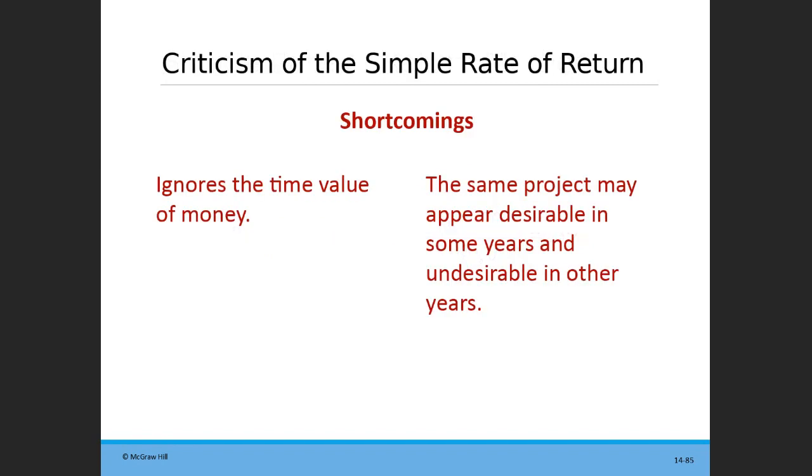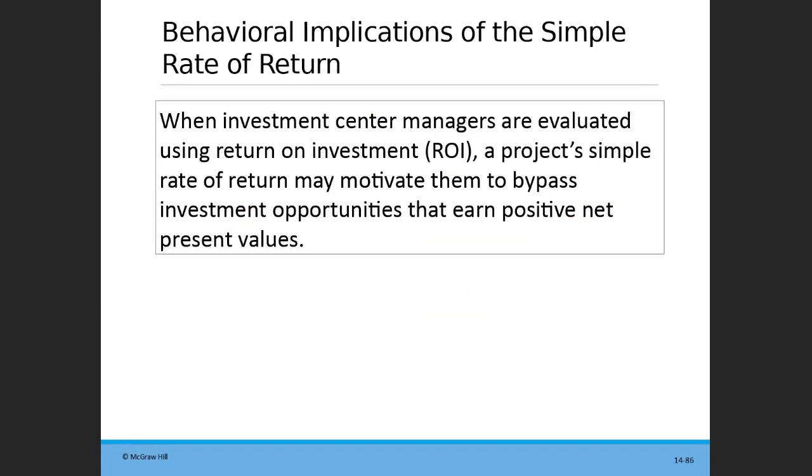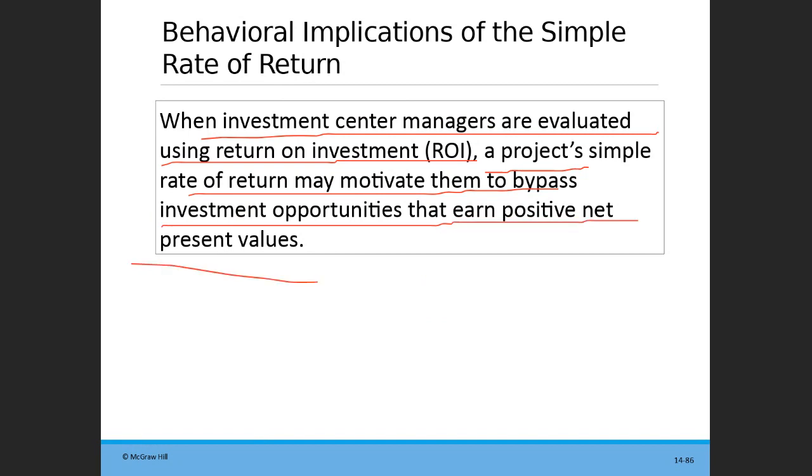It's just going to depend on what you're getting. When investment center managers are evaluated using return on investment, a project's simple rate of return may cause them to bypass investment opportunities that have positive net present values.